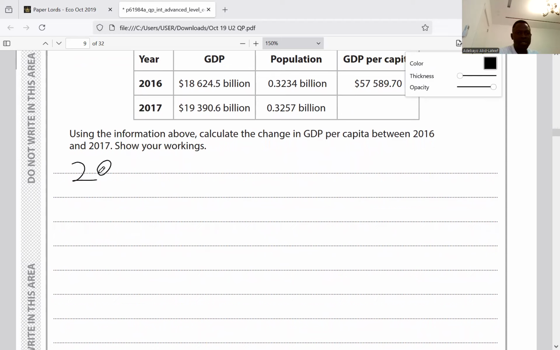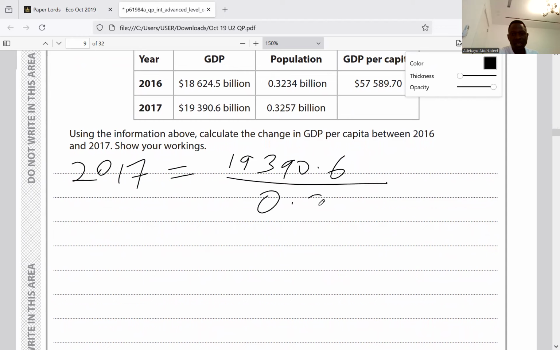2017 GDP per capita is GDP divided by population, right? 19,390,600,000 divided by 0.3257. That gives you 59,535.16.